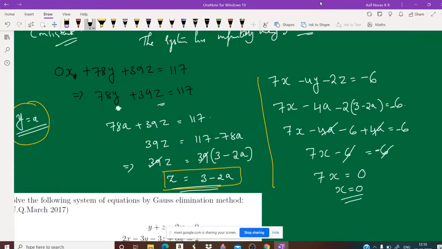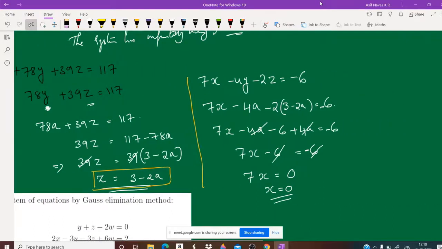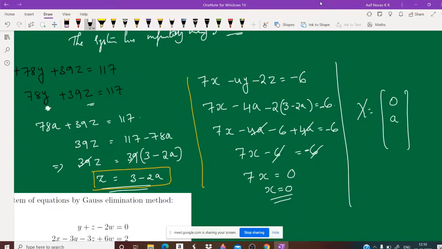Okay, so what are the values? x is 0, y is a, and z is 3 minus 2a for any arbitrary value a.